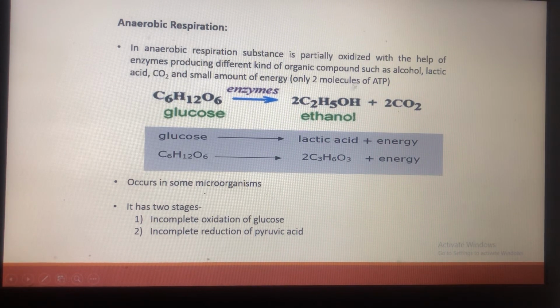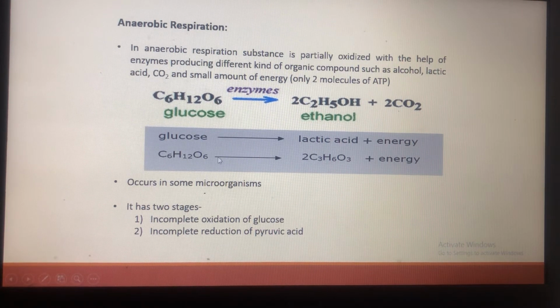Only 2 molecules of ATP. So you can see the difference that during aerobic respiration 38 ATP are produced, whereas in anaerobic respiration only 2 molecules of ATP are produced. So that means aerobic respiration is more efficient, right?